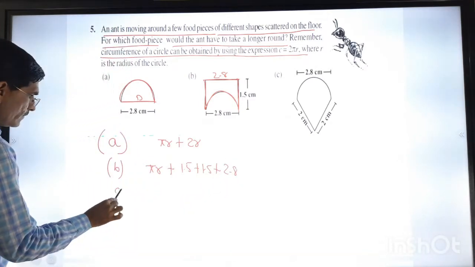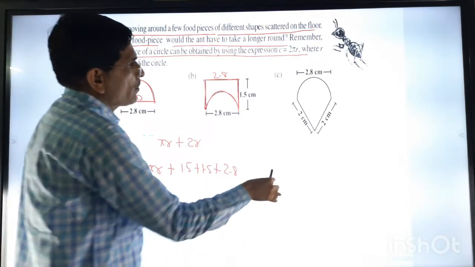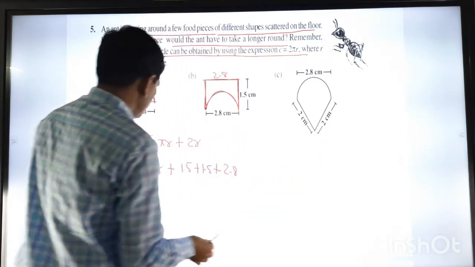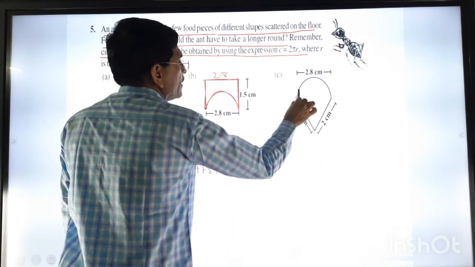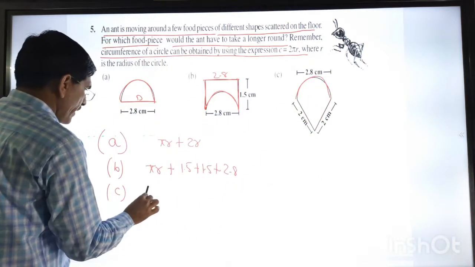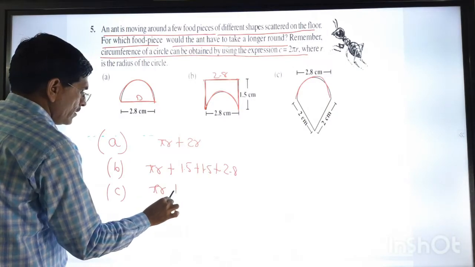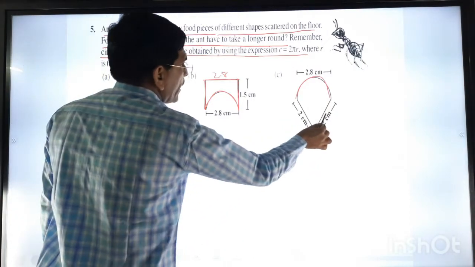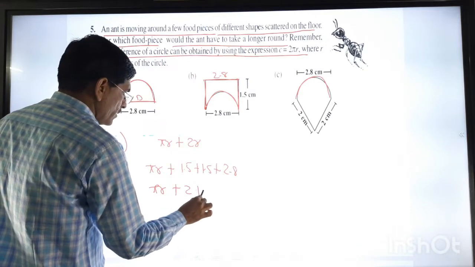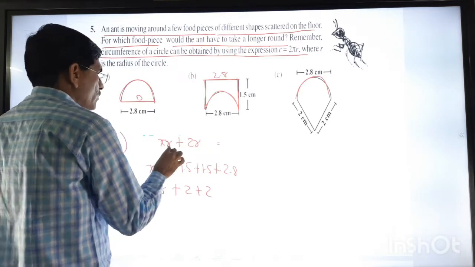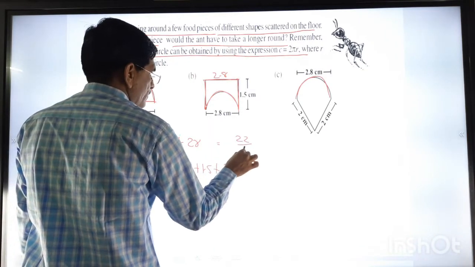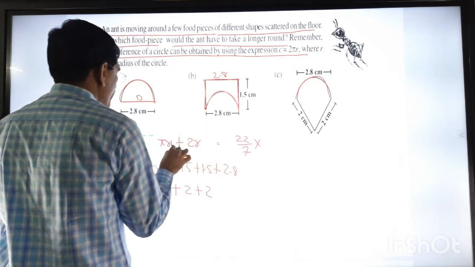In the third condition, if we see properly, here it is 2. Again here it is a semicircle, that is pi r, plus 2 and 2. So 2 plus 2. Now 22 by 7 into r.